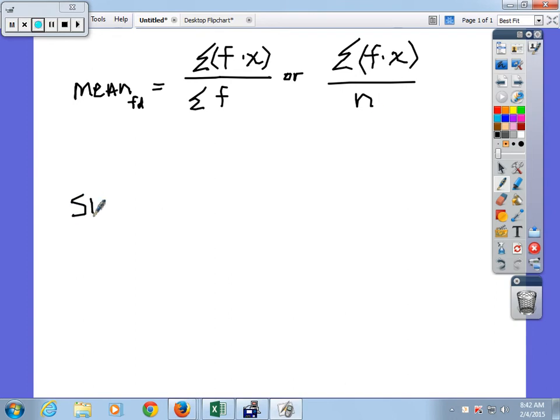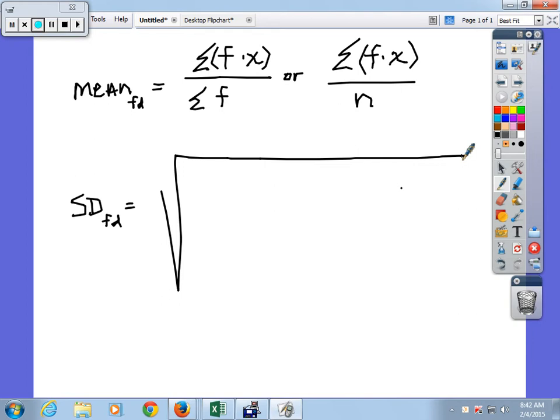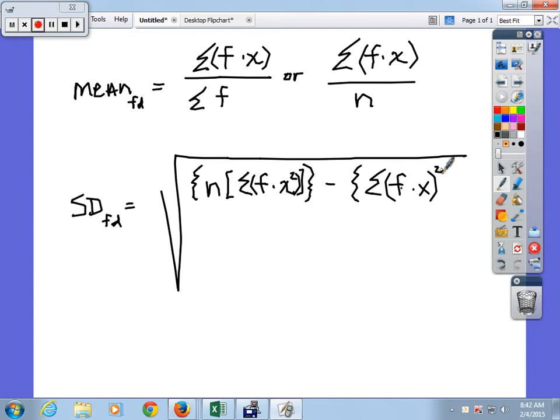The standard deviation for frequency distribution is equal to the square root, and I put the first part in brackets, n times the summation of f times x squared, and close brackets, minus the summation of f times x quantity squared, over n times n minus 1.